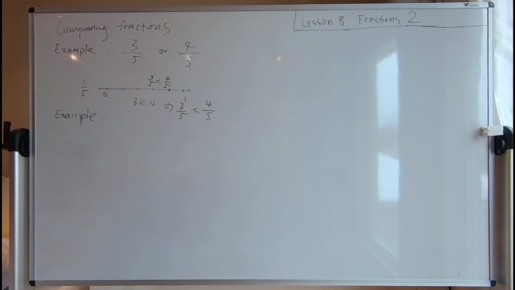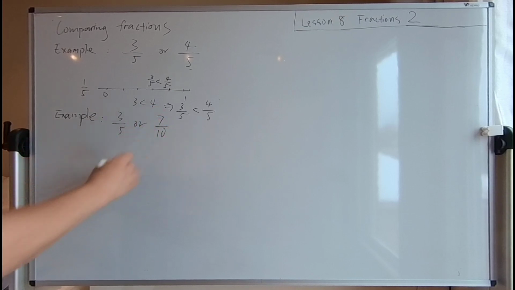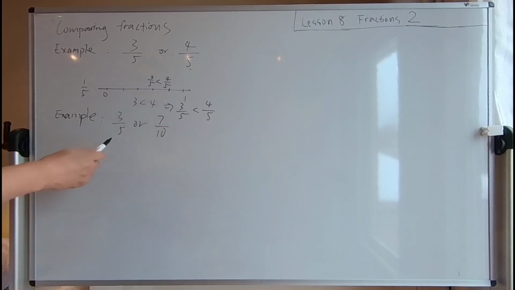Let's see another example. What if I want to compare 3 over 5 with 7 over 10? Now they have different denominators. It's not that straightforward anymore, but you can probably easily tell the relationship between the two denominators.